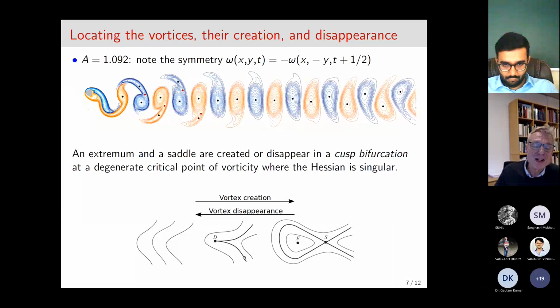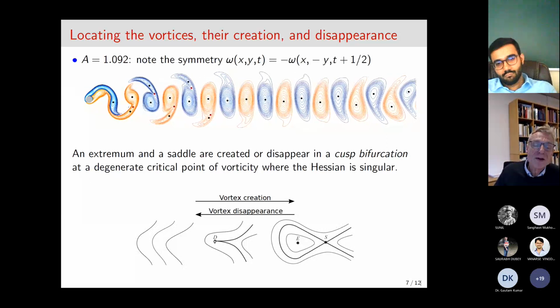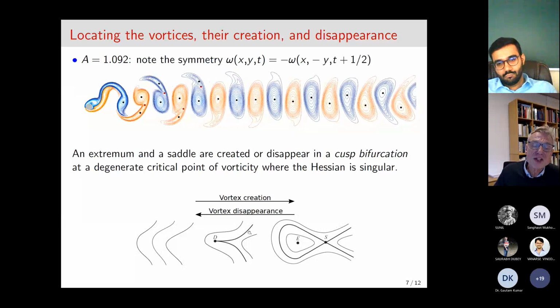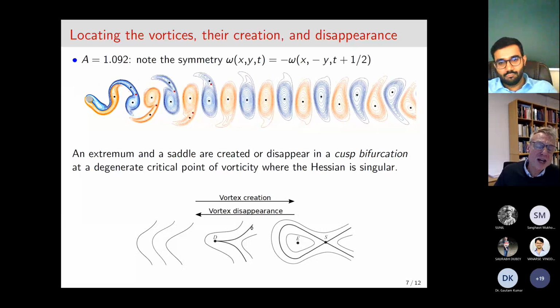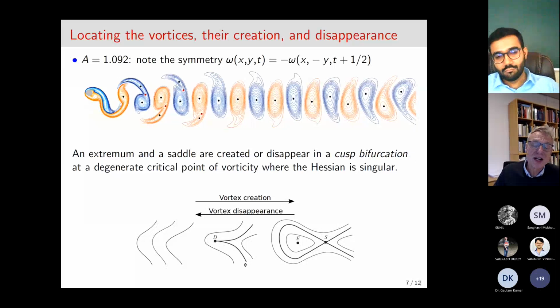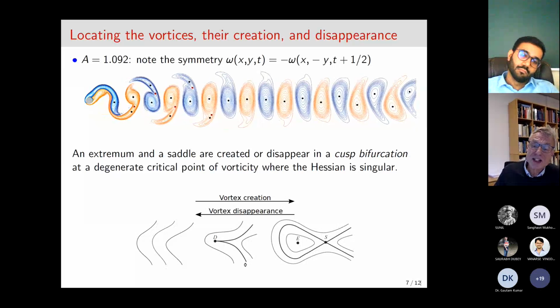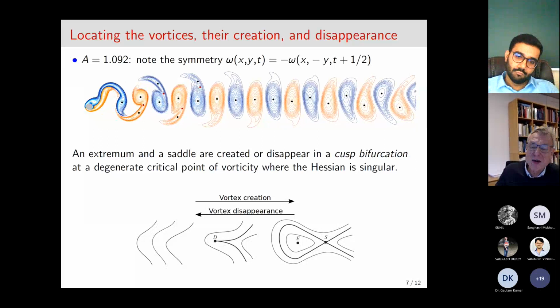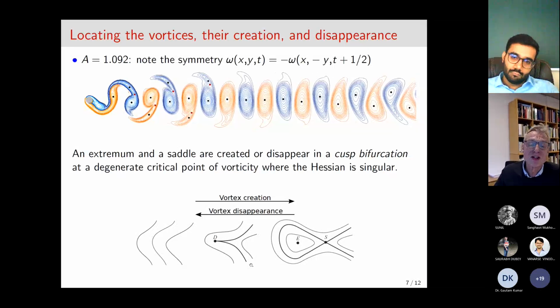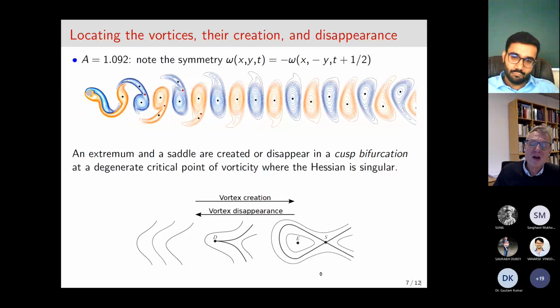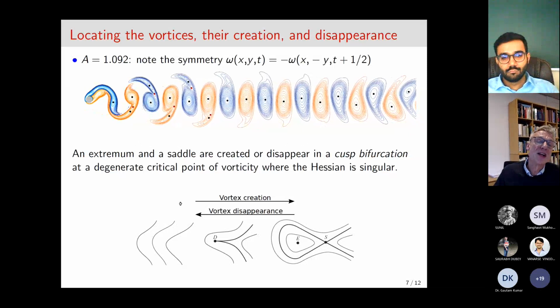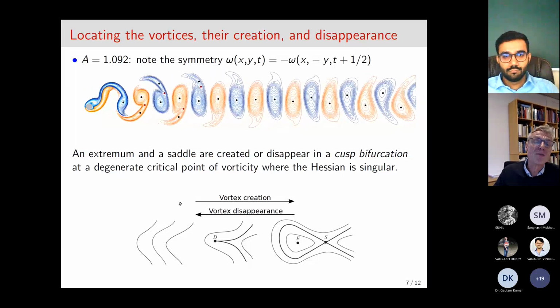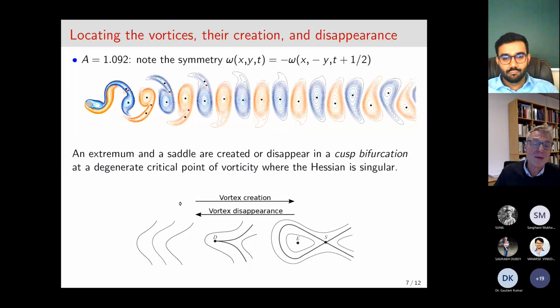It's called a cusp bifurcation because there is a level curve of vorticity at the bifurcation point which has this cusp shape. It's also known as a saddle center bifurcation or saddle node bifurcation. It's the most elementary way you can create vortices in the vorticity field or destroy them. And we see both things happening here.